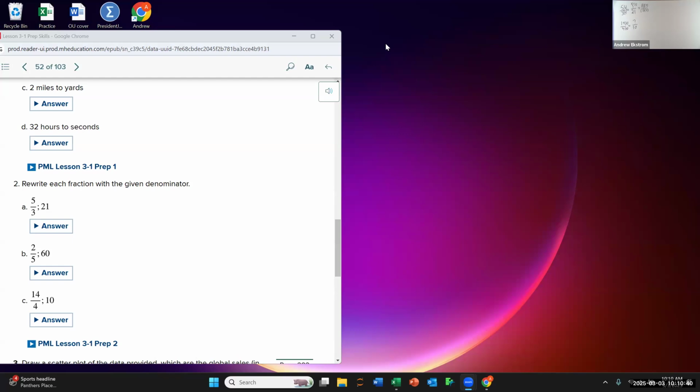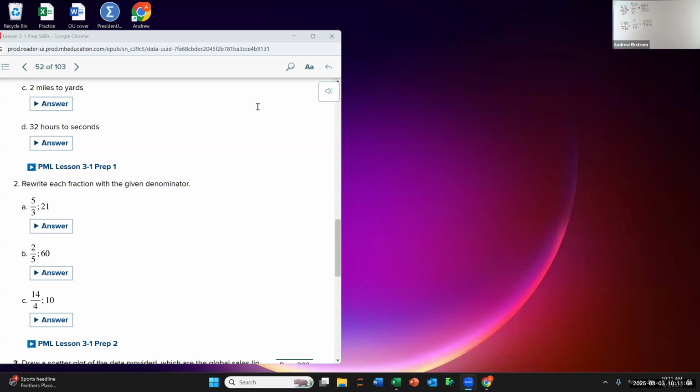We want the number that's in between there. So what's in between 2 and 3? 2.5. So what we end up doing here is multiplying top and bottom by 2.5.